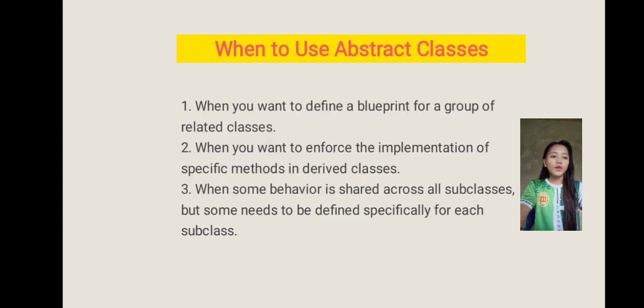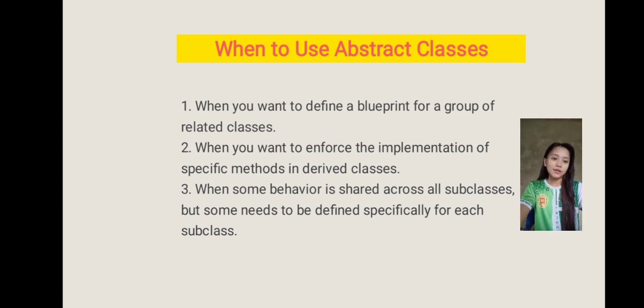And when to use abstract classes? First is when you want to define a blueprint for a group of related classes. Then the second is when you want to enforce the implementation of specific methods in derived classes.